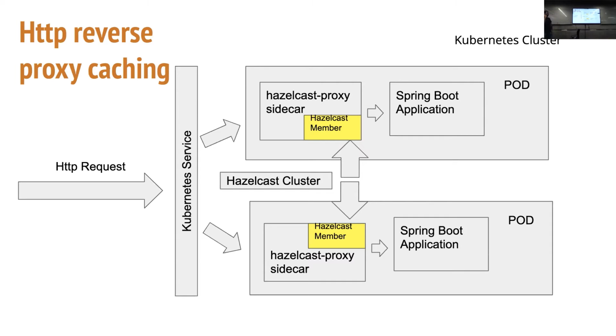HTTP reverse proxy. This is a bit interesting. This is not available right now, but we are planning to implement such a component in the future. In this pattern, you actually inject caching into your microservices environment, and your microservices code base doesn't have to know anything about the caching API.